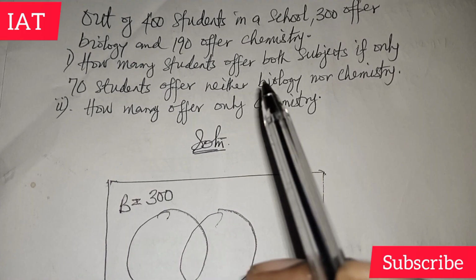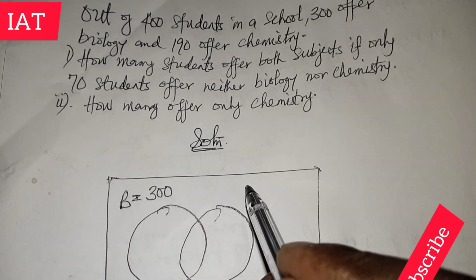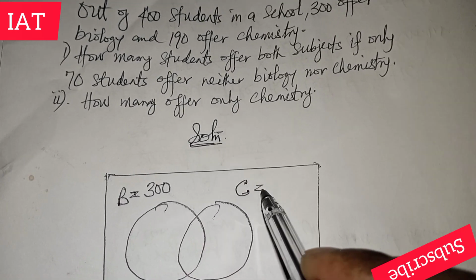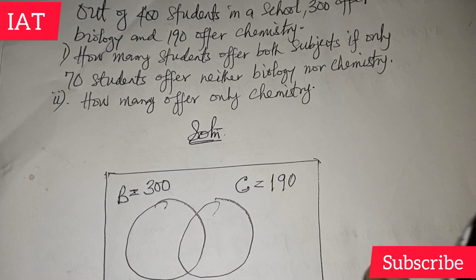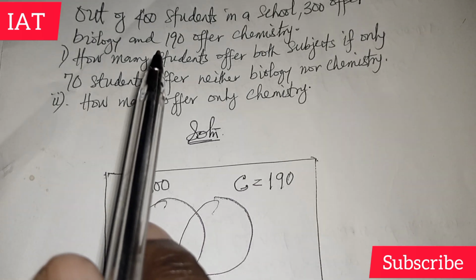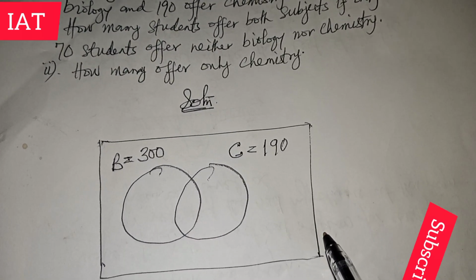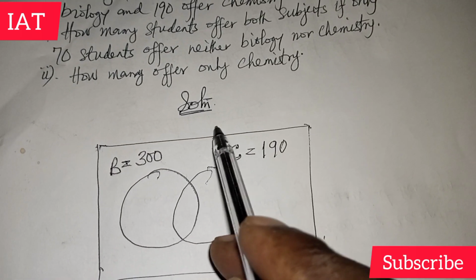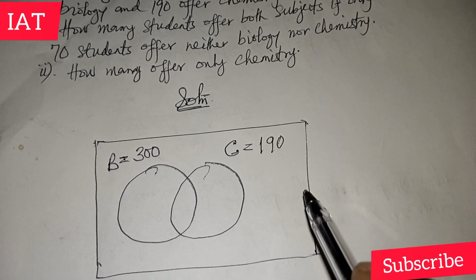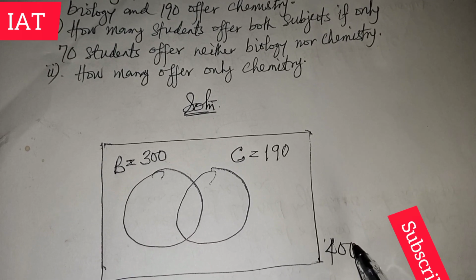And then it was also said that 190 offer chemistry, so we use C as the symbol for chemistry, which is 190 students. And then they say out of 400 students in a school, so that is the universal set, and that will be outside here. Some persons can just open here and put the universal set, some could bring it in any part, but I like keeping my own outside like this.